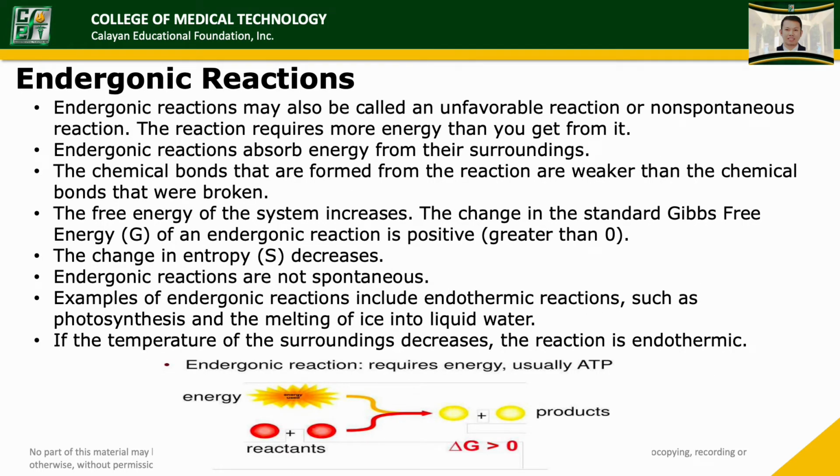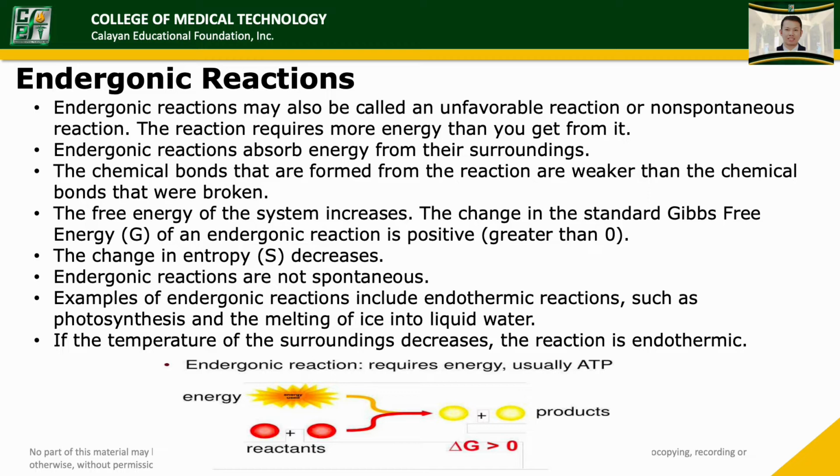Okay, so let's talk first about endergonic reactions. As mentioned, endergonic reactions may also be called unfavorable reactions or non-spontaneous reactions. When we speak of non-spontaneous, it is not spontaneous, it is not continuous.